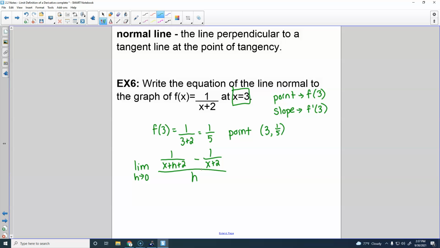This is a lot like the one we did when we were going over the homework. What have I got to do? Common denominator. The first fraction does not have x plus 2, so I'm going to multiply by x plus 2 on top and bottom. And the second one needs the x plus h plus 2.